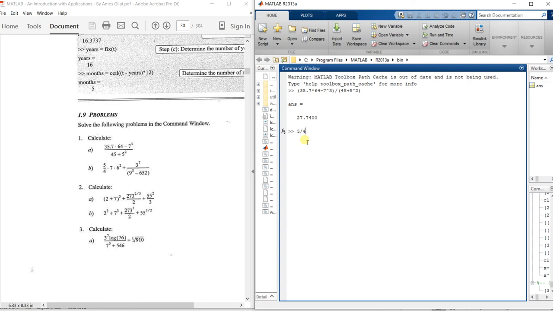It is one term, and we multiply with 7, and again multiply with 6 square, plus the other fraction: the numerator is a separate part, 3 to the power 7, divided by 9 to the power 3, minus 652.